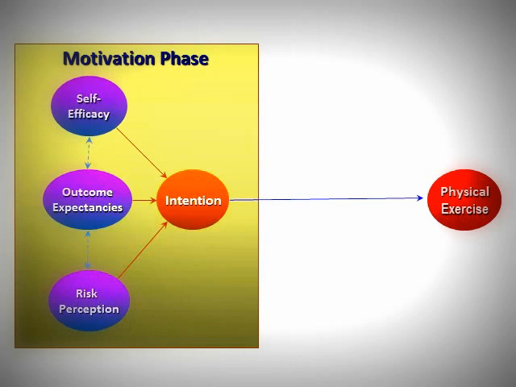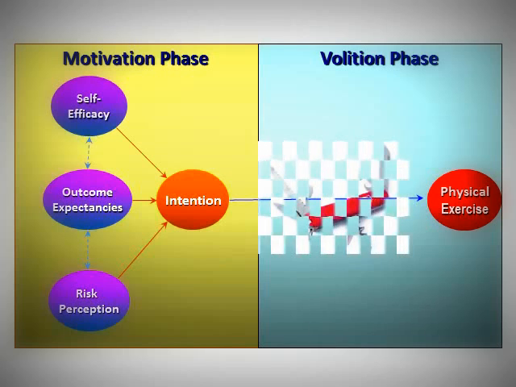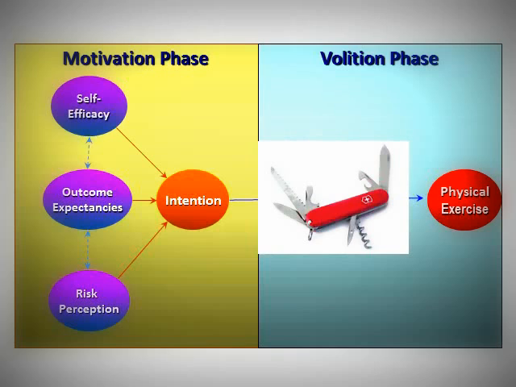This switch of mindsets is reflected by the terms motivation and volition. When forming an intention, people are in the motivation phase. Afterwards, they reside in the volition phase. We need tools that assist with the translation of intentions into actions. There are a host of variables that operate in particular in this volition phase.